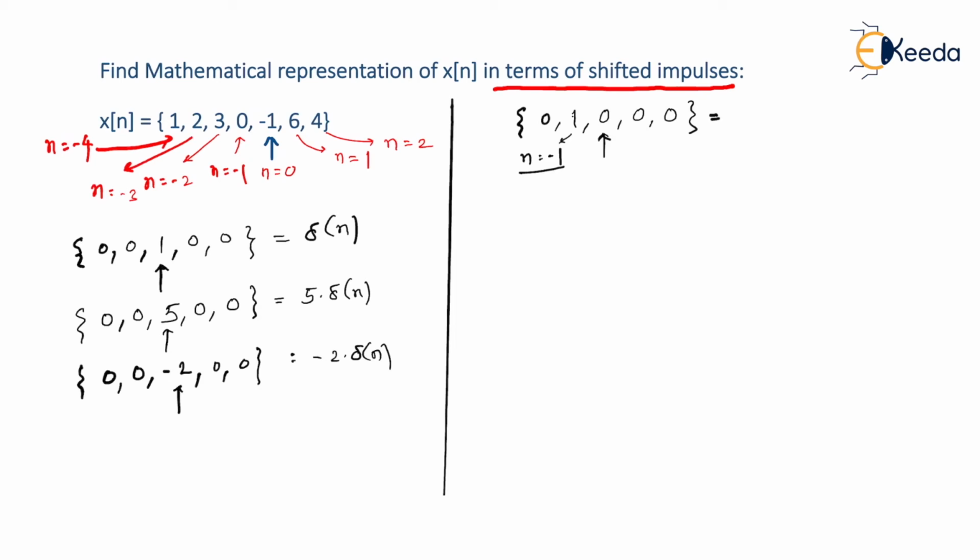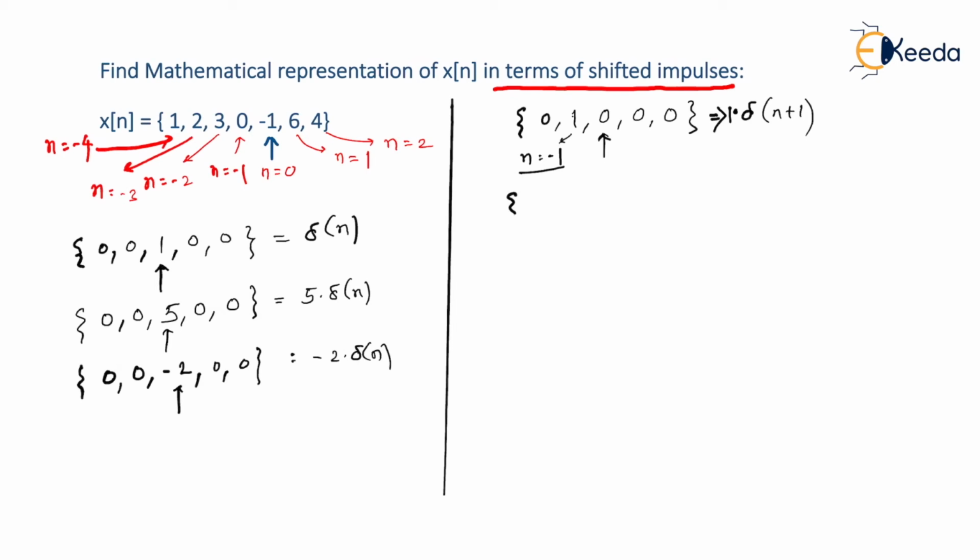So now you can express it in terms of impulse input or in terms of impulse signal like this, del of n plus 1. We know that. What is meant by del of n plus 1? Del of n plus 1 means an impulse present at n equal to -1 position. Am I right? And again, since it has got amplitude equal to 1, I have kept the coefficient equal to 1 only. So this is what we call a coefficient. So if the coefficient is 1, there is no need to write 1 also.